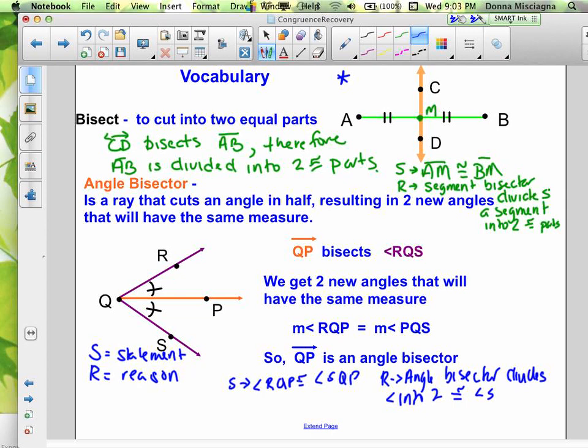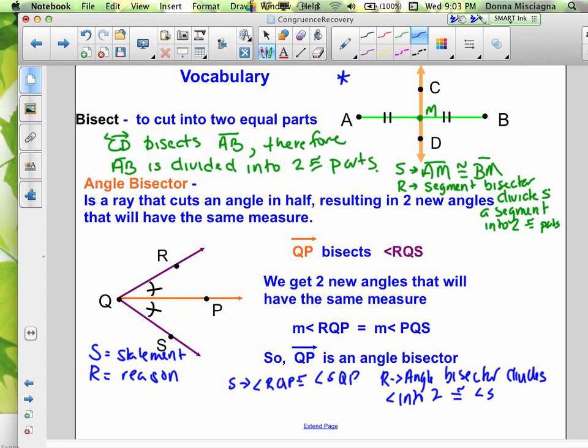The reason: a segment bisector divides a segment into two congruent parts. It would be a really good idea to put this diagram and the words in your notes if you have trouble remembering reasons and statements on a proof.